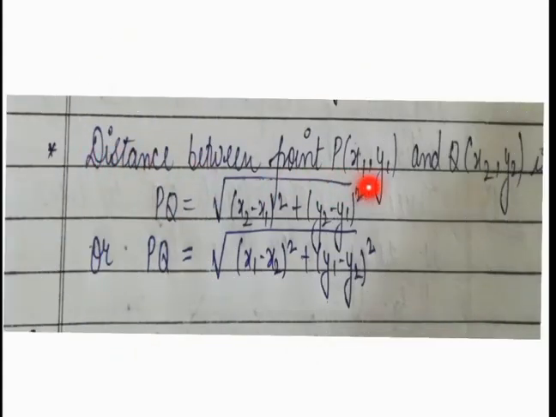The distance between P and Q is given by the formula square root of (x2 minus x1) whole square plus (y2 minus y1) whole square, or (x1 minus x2) whole square plus (y1 minus y2) whole square. Both are correct formulas because we know (a minus b) whole square is equal to (b minus a) whole square. You can expand these identities and you will see both are equal.